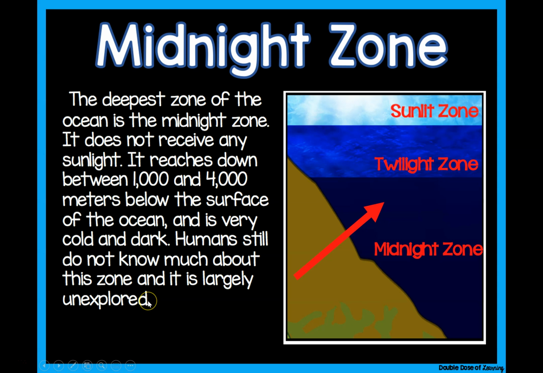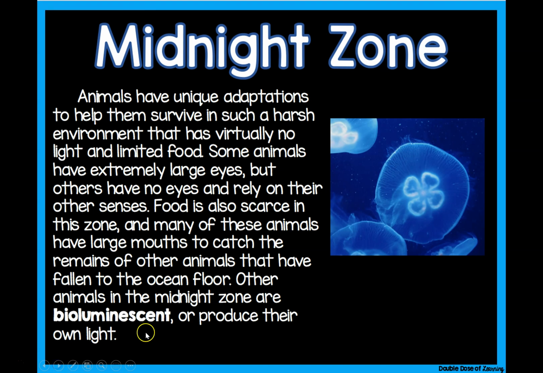There could be whole entire alien communities having a big old party at the bottom of the ocean, and we wouldn't know about it because we haven't explored down in this area, at least not very much.